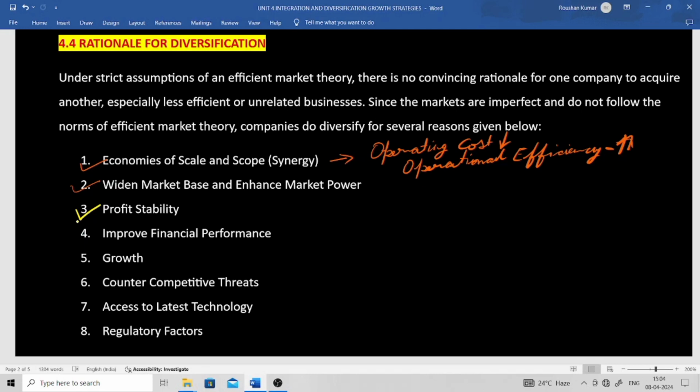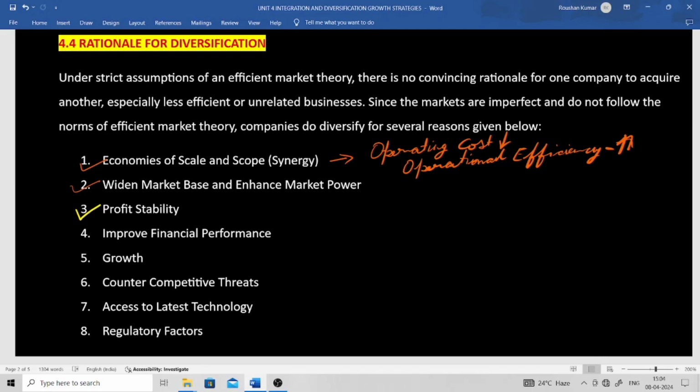Organizations pursue diversification as a strategy just to avoid instability in sales and profits, which can result from events such as cyclical and seasonal shifts in demand, changes in life cycles, and other destabilizing forces in the micro and macro environment.